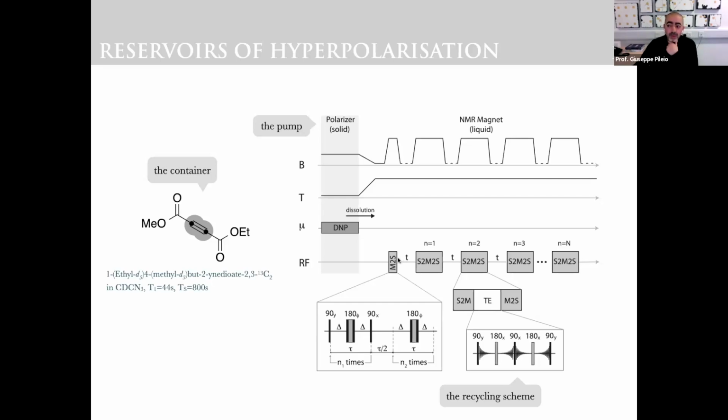But if you want to recycle it, you can do this. You can convert it into magnetization in full, or at least as much as you can within the limits of the two that I expressed before, and any other limitation coming from imperfection of pulse sequences and so on. But once you are in the magnetization, then you can actually observe it.